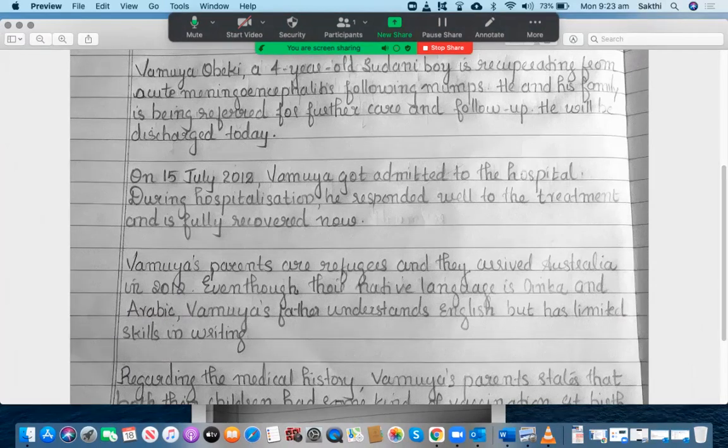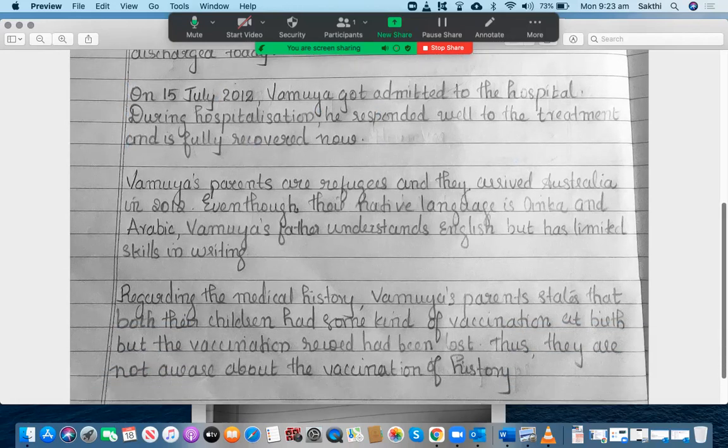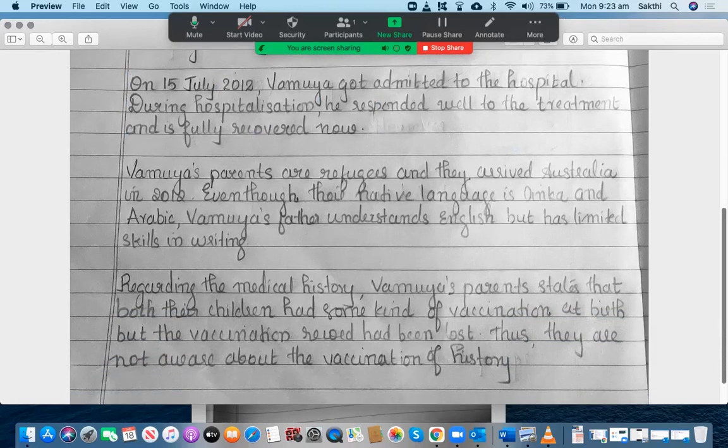Vamuya got admitted to the hospital. During hospitalization, he responded well to the treatment and is fully recovered now. That's all right. But the problem is, again, she has been using only simple sentences. It's not good.